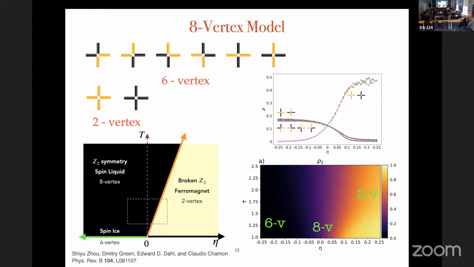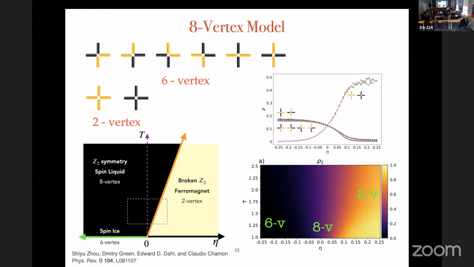You can see that when eta is negative, the probability of seeing the 2 vertex is heavily suppressed, but the 6 vertex is almost equally probable. But when eta is positive, the probability of seeing the sixth vertex is heavily suppressed, leaving this 2 vertex probability. But exactly at eta equal to 0, every single vertex is equally probable.